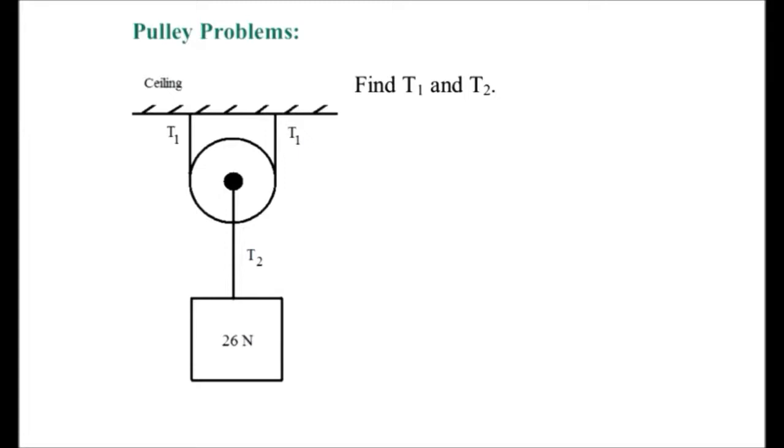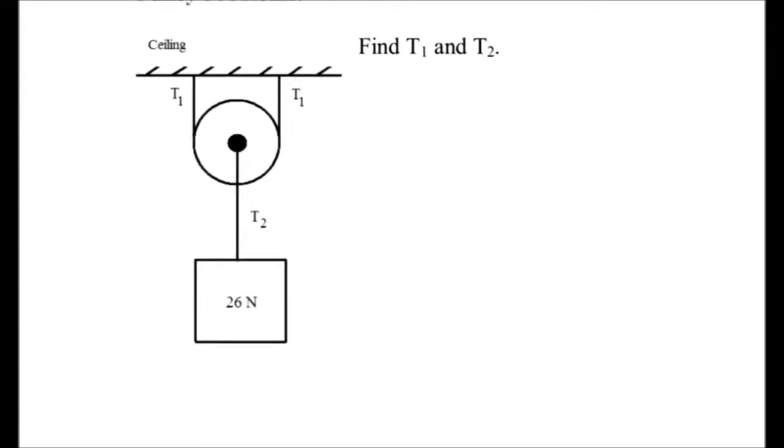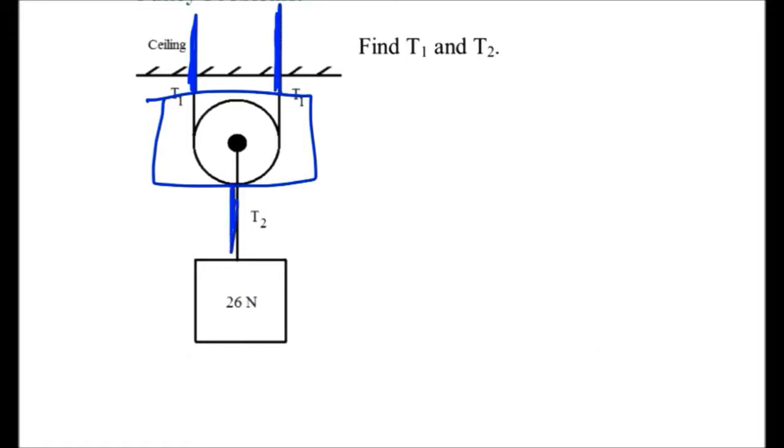When you look at a pulley system and it's asking you to find the tensions there, what you need to do is put a box around the pulley itself, okay? And that's your system. So right now we have a tension force coming off the top of that pulley here, and one pulling down on it here.